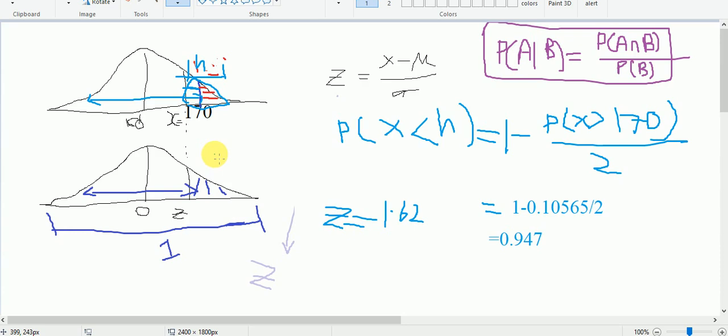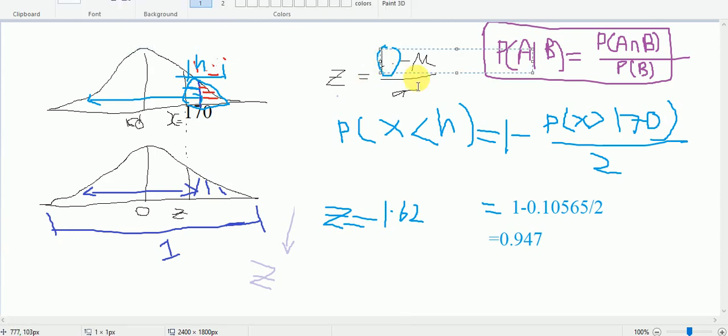For z equal to 1.62, I get probability x less than H. But I need to find x, right? So rather than writing this, I will write z is equal to (x minus mu) by sigma, so here (H minus mu) by sigma.